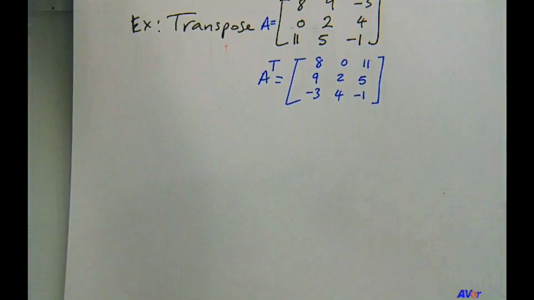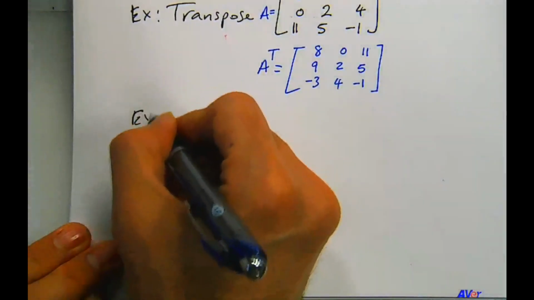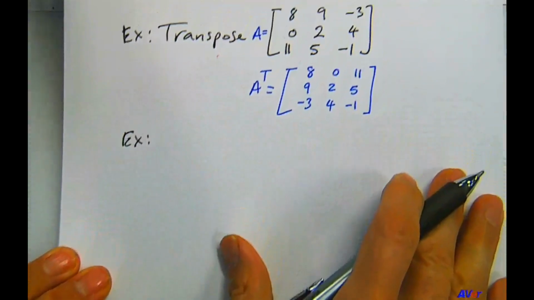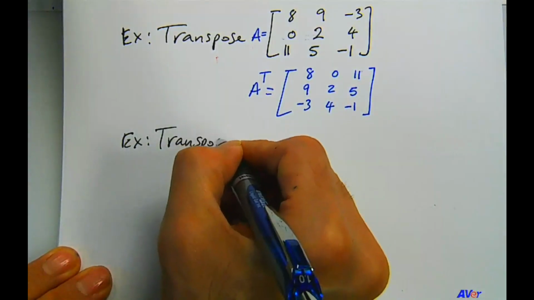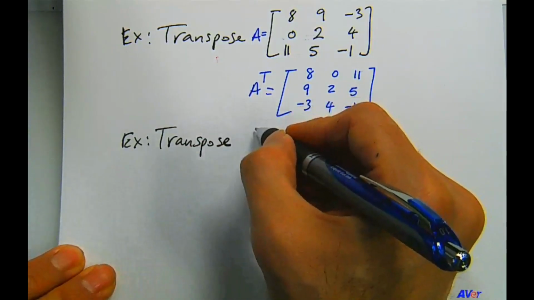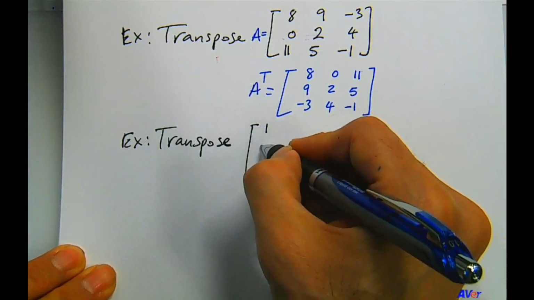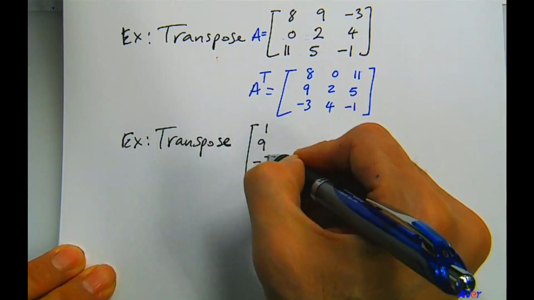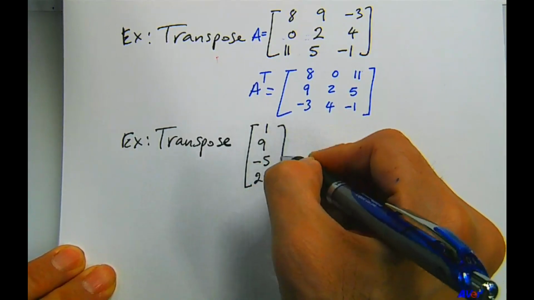Let's give a couple more examples and then we are set. So suppose we want to transpose this matrix. 1, 9, negative 5, and 24.